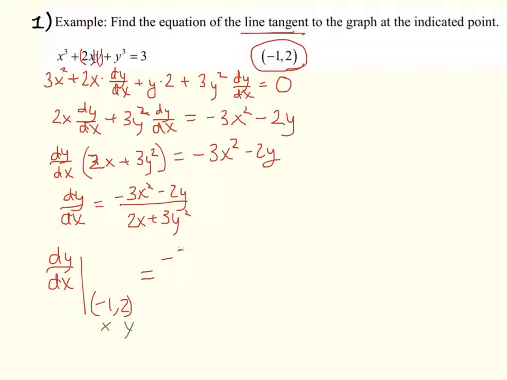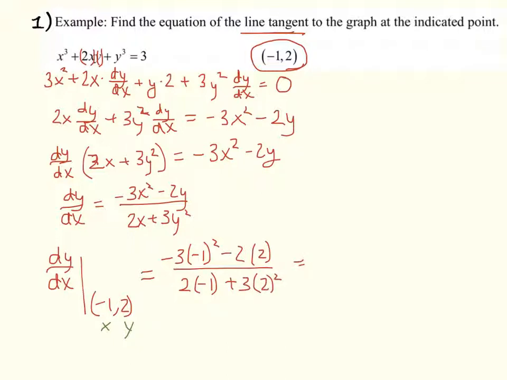So you'd have negative 3 times negative 1 squared minus 2 times 2, all over 2 times negative 1 plus 3 times 2 squared.